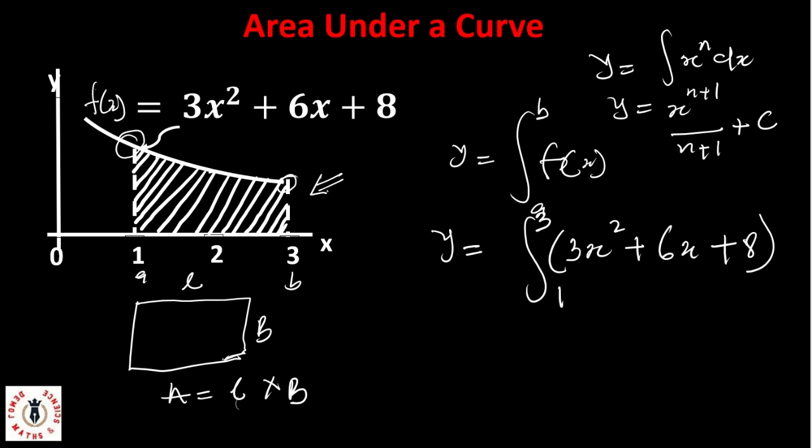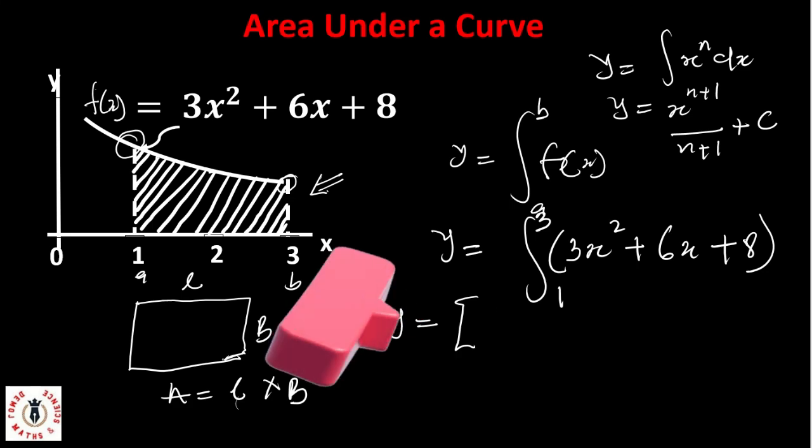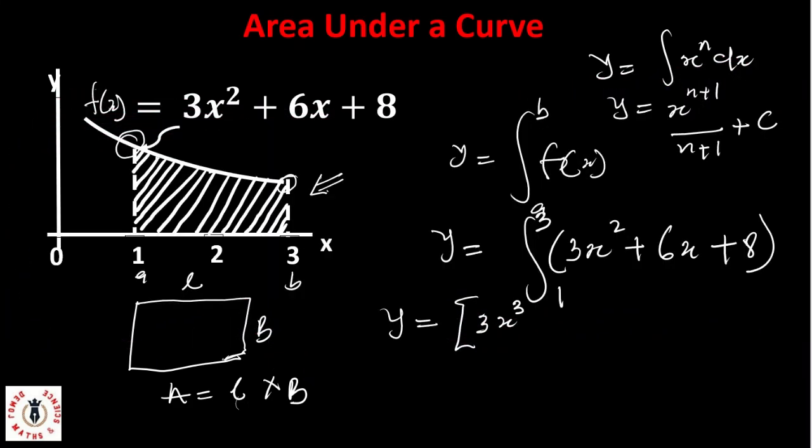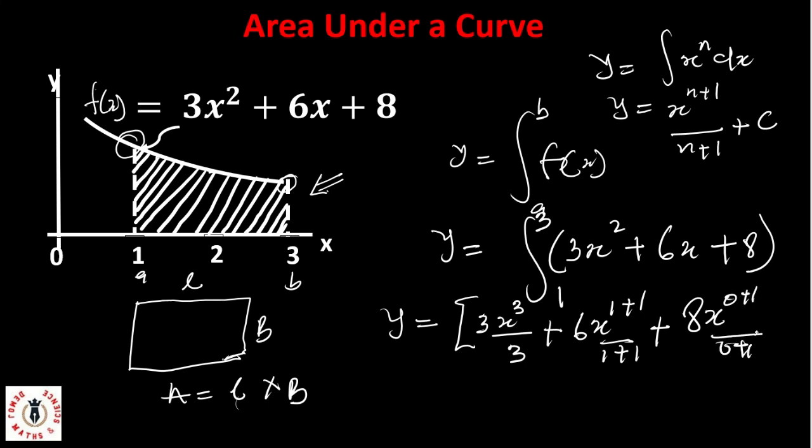So that here now, y will be the same thing as, for 3x squared, that will be 3, x raised to power 2 plus 1, that is 3, plus 6, x raised to power 1 plus 1 over 1 plus 1, now plus 8. 8 is the same thing as 8x raised to power 0. 8x raised to power 0 plus 1 over 0 plus 1, all ranging between 3 and 1.